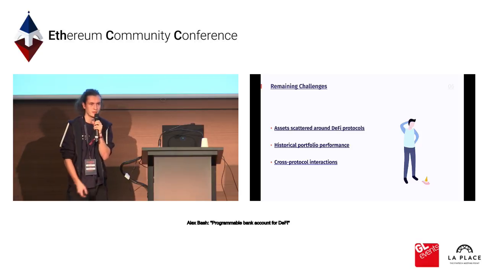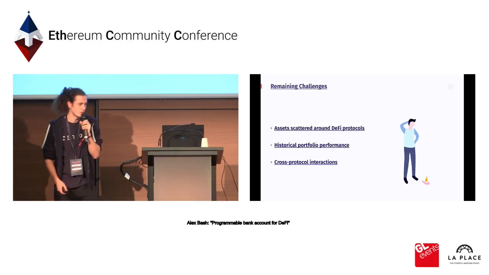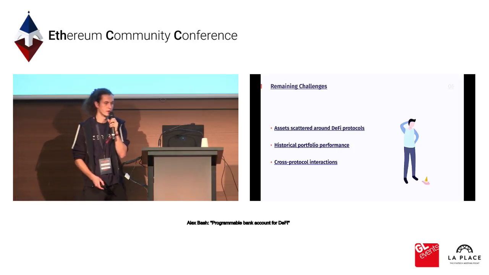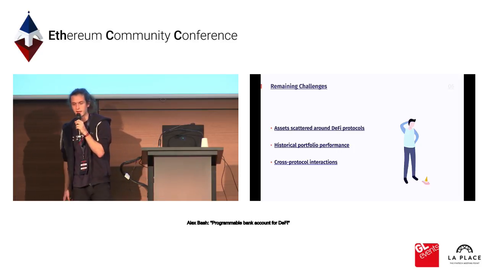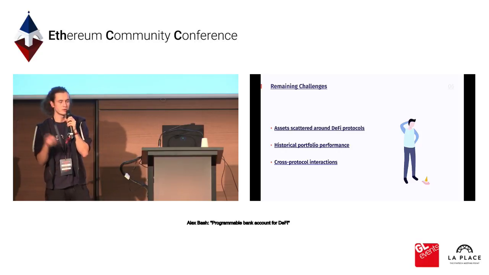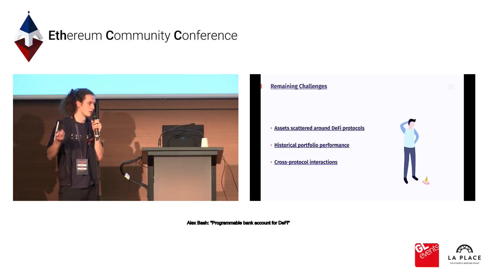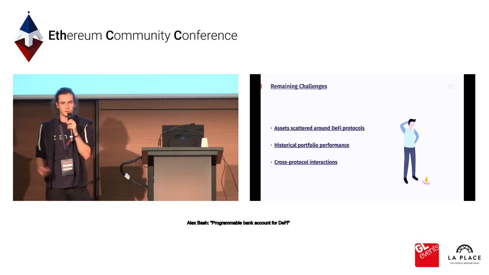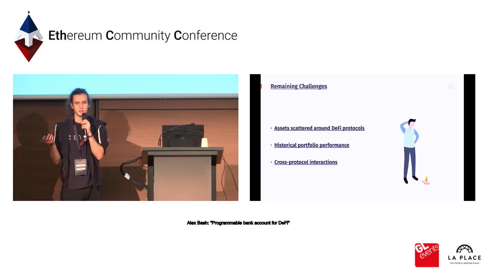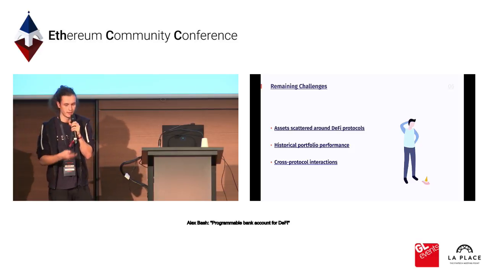It's something that does not seem right, and that's one of the main issues that we are trying to solve at Zerion. And in addition to that, of course, we can talk about more complicated things like tracking your historical performance, etc. But the first thing that is not solved yet is even at least showing the accurate balances that you have all across DeFi.